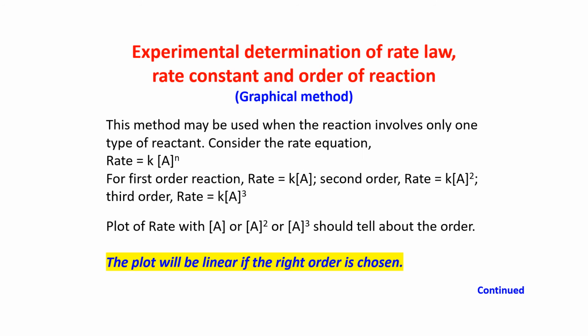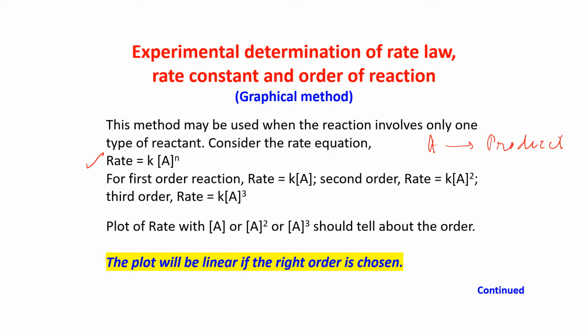If the reaction is like that, then you know that rate is given by K A to the power N. If N is 0, it is zero order. If it is 1, this is first order. If N is equal to 2, this is second order. If N is equal to 3, this is third order, like that.